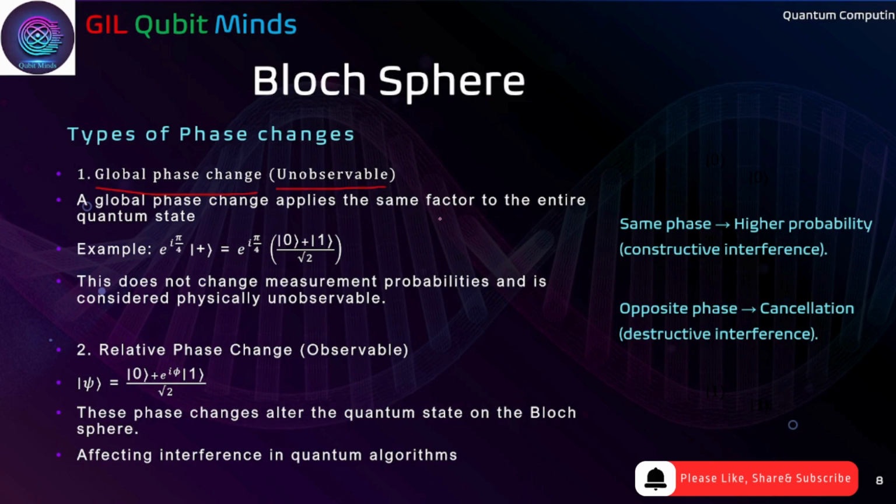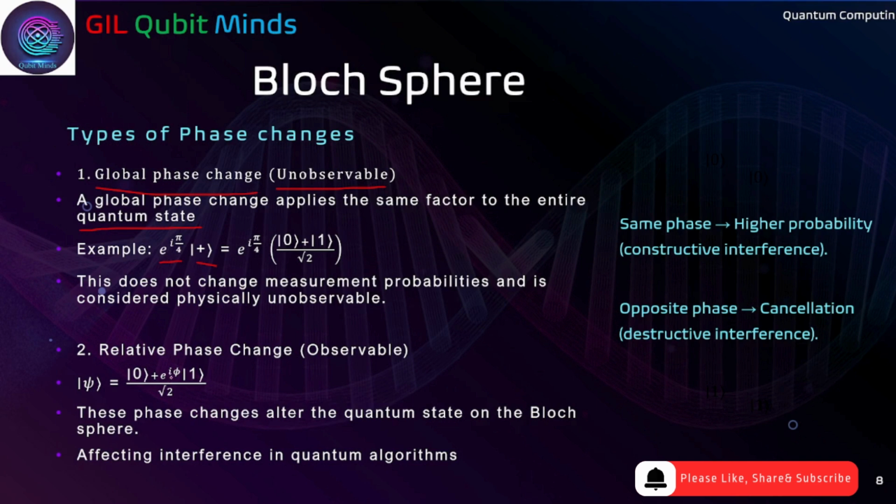The global phase change applies the same factor to the entire quantum state. So if I multiply this with the state, it multiplies the entire quantum state. This does not change the measurement probabilities and is considered physically unobservable, so there is no impact, we cannot see anything. But if we apply a partial or relative phase change, then we can observe it.